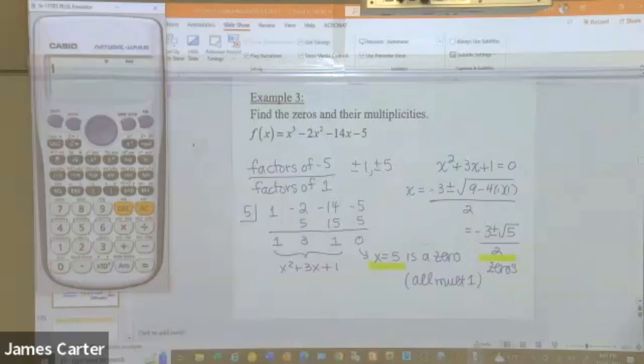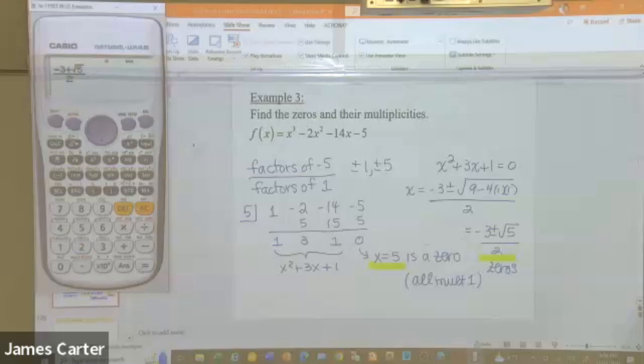So I'm going to first put in a fraction. Then I'm going to put -3. And then I'm going to use the plus side. Square root of 5. Use this arrow to get down to the basement. Put in the 2.